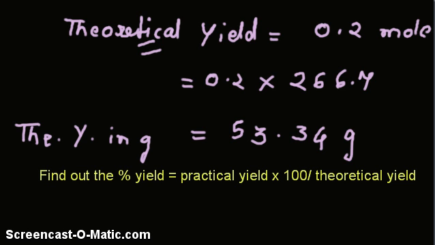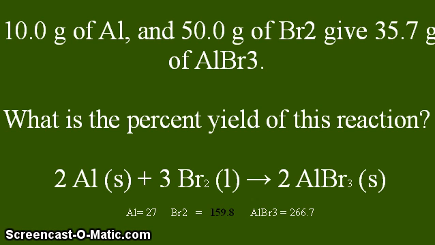Going back to our original problem, we can see how many grams of aluminum bromide was produced. As you can see, it is 35.7 grams, which is the actual yield.